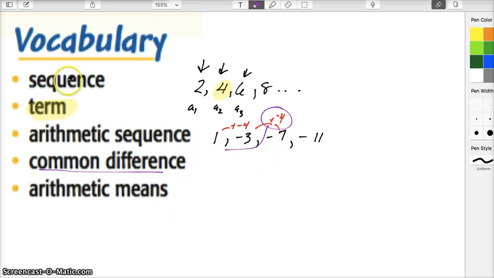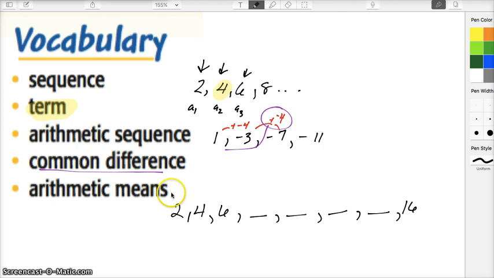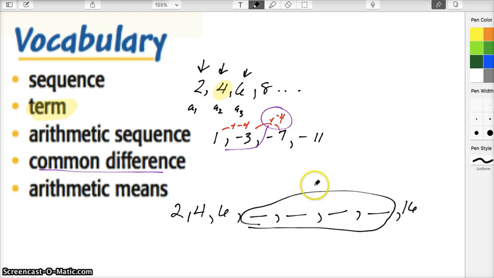And finally, the term arithmetic means. If we go back to our 2, 4, 6, 8, 10, 12, 14, 16 sequence, when I talk about the spaces between two terms of a sequence, those are called the arithmetic means. So for instance, I could say find the 4 arithmetic means between 6 and 16.